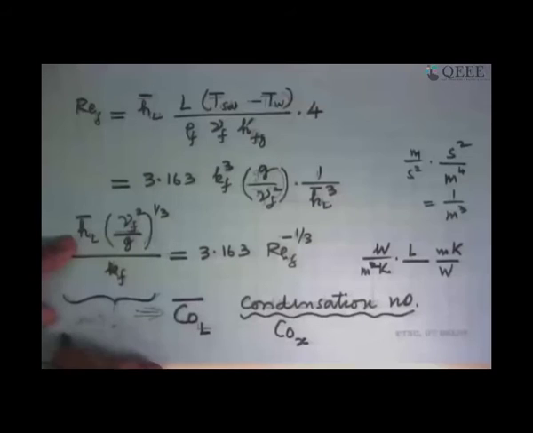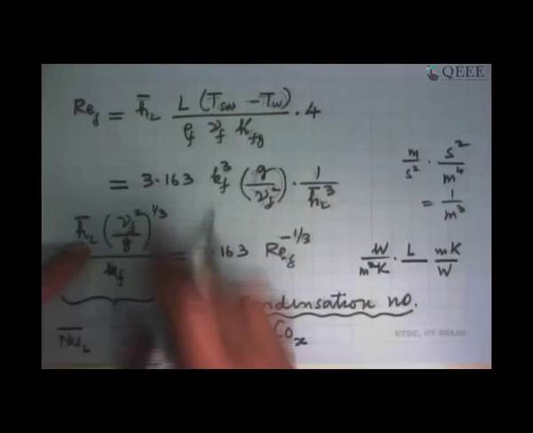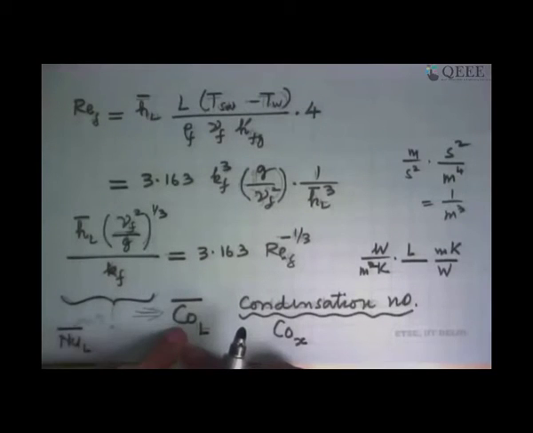So instead of normalizing this and calling it a Nusselt number, which gave us a very involved looking thing, we cannot develop new numbers on that, but rearranging it, we normalized the heat transfer coefficient on these parameters and came up with a new definition of the condensation number. So it is nothing but a non-dimensional heat transfer coefficient for condensation. That's what this number represents.